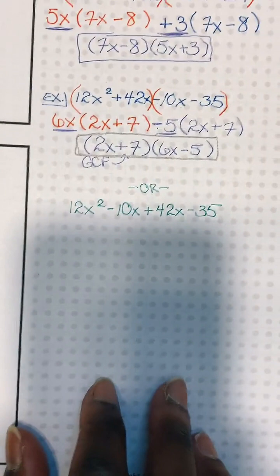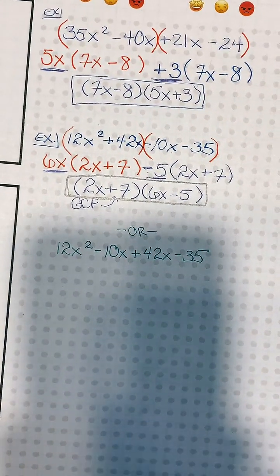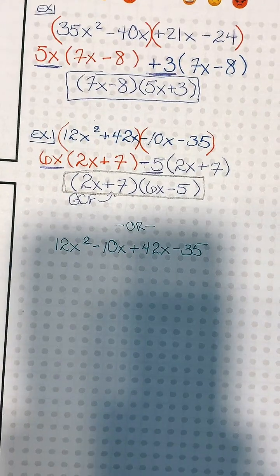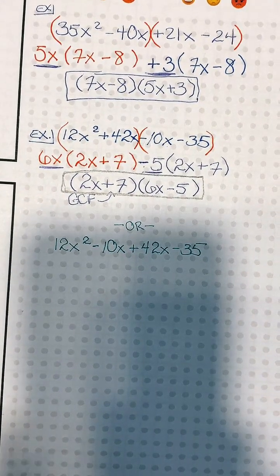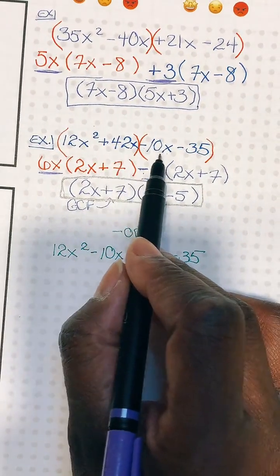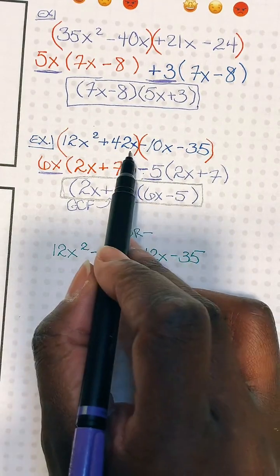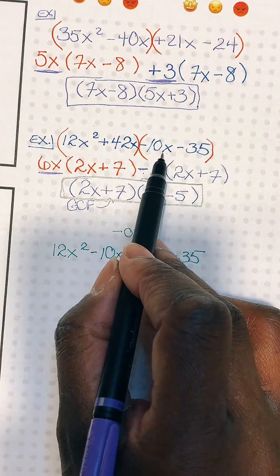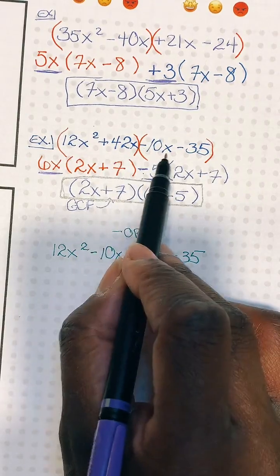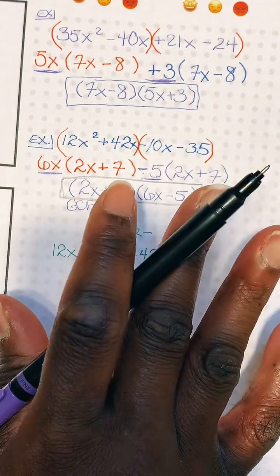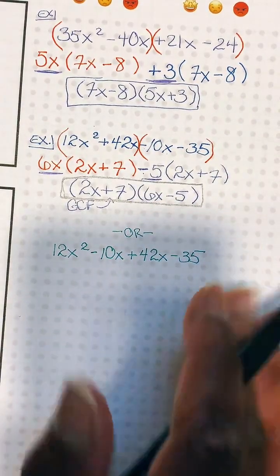So, Erica mentioned something so amazing that is there a way, now since both of these terms in the middle are basically like terms, right? That's 42x, that's negative 10x. So I could combine those, but we'll talk about that way next time.